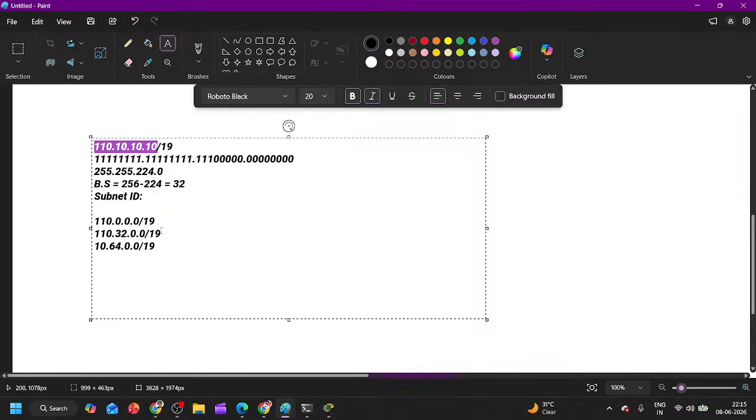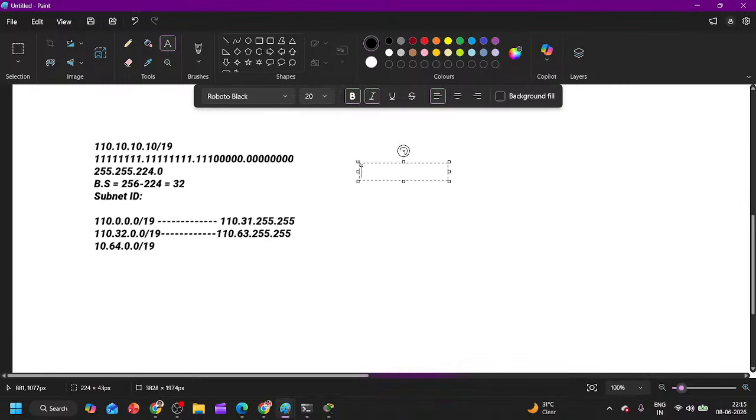Now you can see this IP address. It means the first subnet is ending at 10.31.255.255. And now see, does this IP address belong to this range? If yes, then this is the network ID of this IP address. Yes or no? Yes. The second subnet is ending at 10.63.255.255.